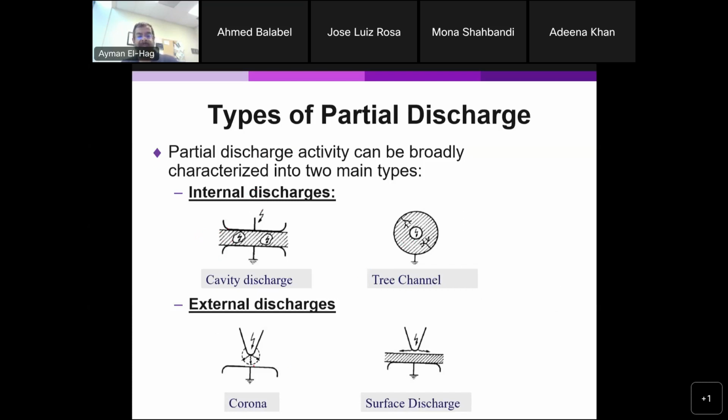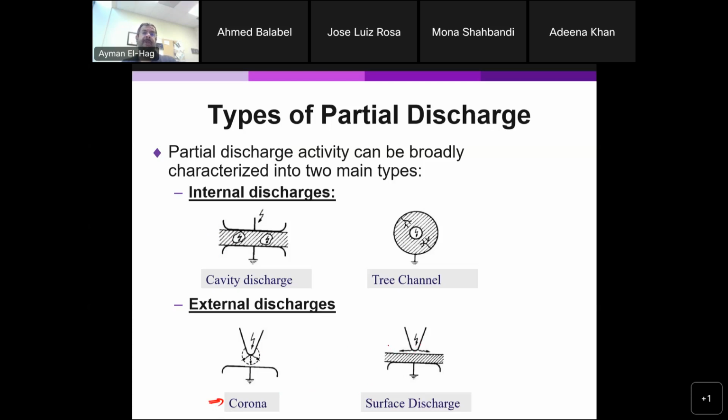Now, you could have surface discharge. For example, here this is a conductor. There is no electrical insulation involved at all. This is called corona. Now, if there is a high voltage and the discharge is external, not internal, but happening on a surface, then this is called surface discharge and not corona.